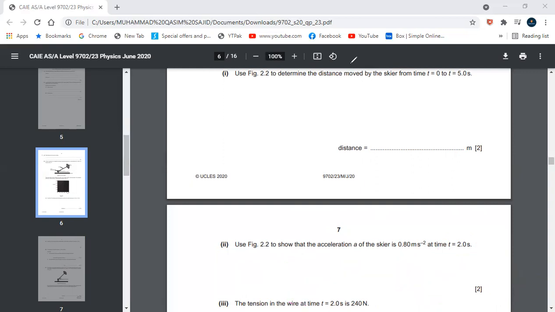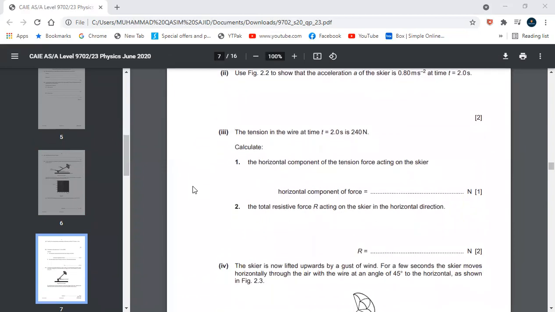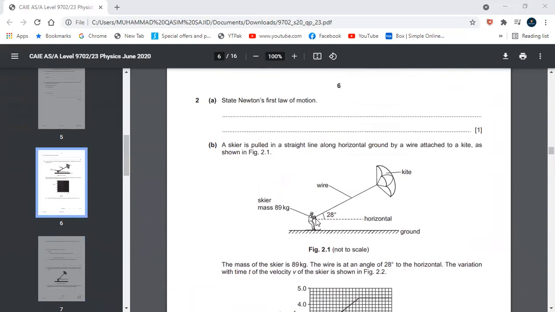Yes sir. Now the third one: the tension in the wire at t equals 2 seconds equals 240 Newton. Calculate the horizontal component of the tension force acting on the shaker. How to find the horizontal component of force? This is my force, and the horizontal is basically the base, so base equals cos theta.